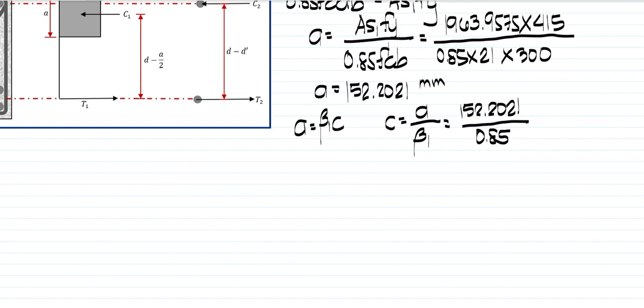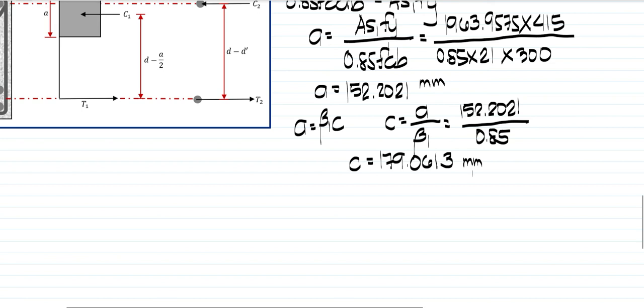So the value of C from this calculation will be 179.0613 mm. So now we have the depth of compression block and the depth of the extreme compression fiber to the zero strain.